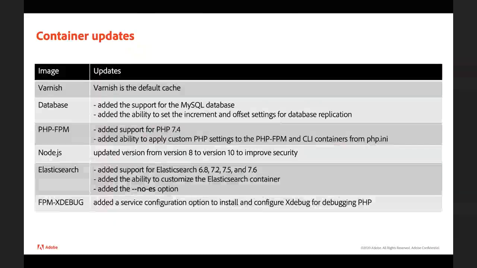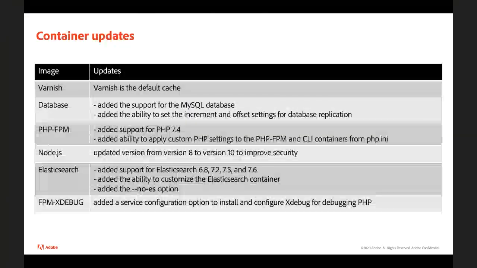There are some image updates. Now Varnish is the default page cache. Also, we added MySQL database; before we used only MariaDB. And now you can configure offset and increment for the database. We added support for PHP 7.4. Also, you can configure PHP using a PHP ini file in the root folder. We added a new version of Elasticsearch, and also you can configure these containers.